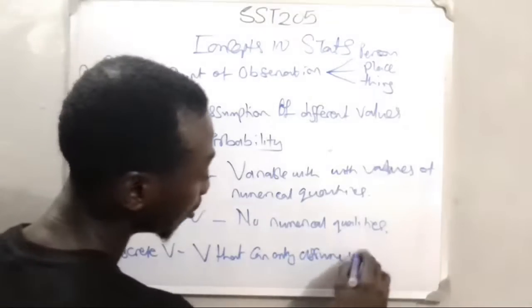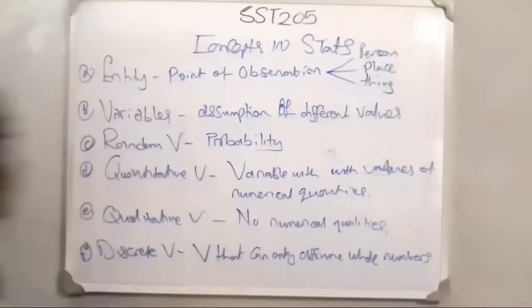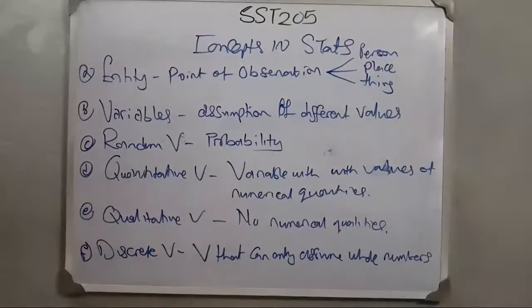So we have examples like the number of female students in the various programs in the National Open University. We have a whole number for such variables. So we have that.